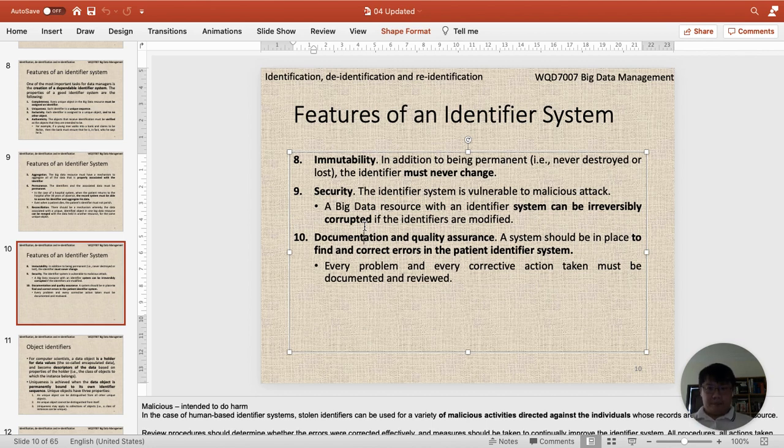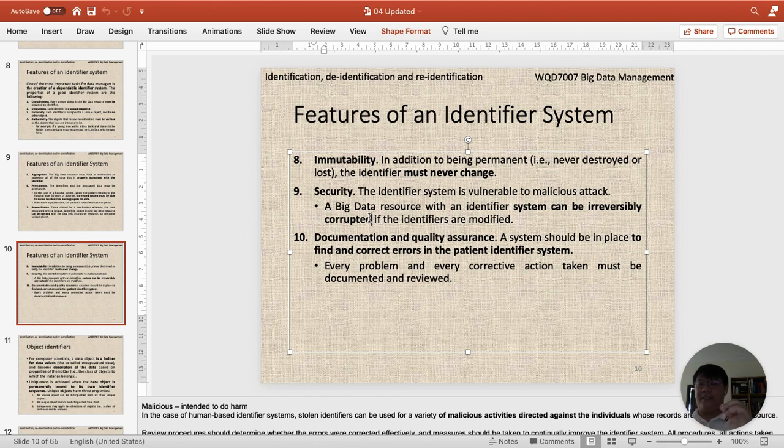Then security. The identifier system is vulnerable to malicious attack. So how are we able to make sure that once the identifiers are changed, the system is irreversibly corrupted? So in that case, if you try to change the identifiers, in the end, your whole system collapses.